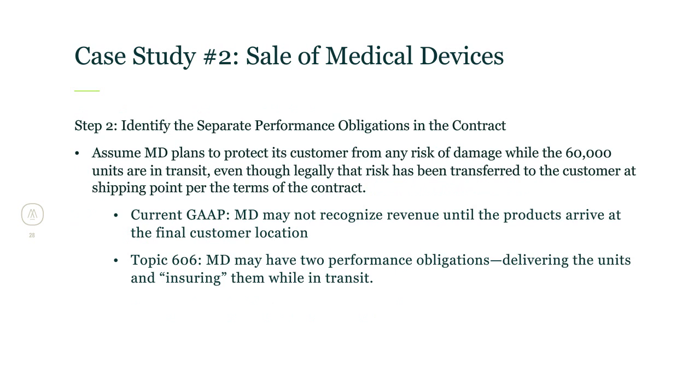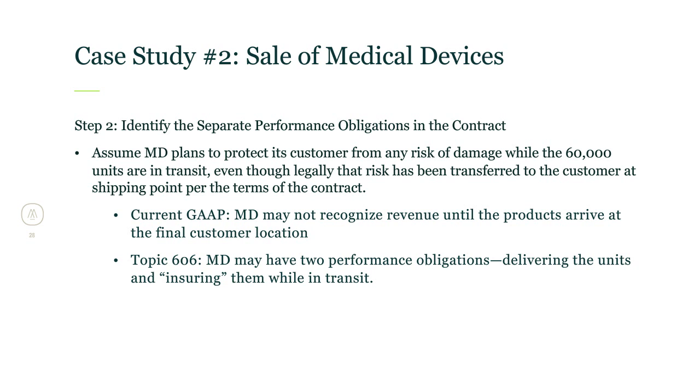Now, an additional fact pattern here: assume that the company plans to protect its customer from any risk of damage while the 60,000 units are in transit, even though legally the risk has been transferred to the customer at shipping point per the terms of the contract. Now, current GAAP says you may not recognize revenue until the products arrive at the final customer location.